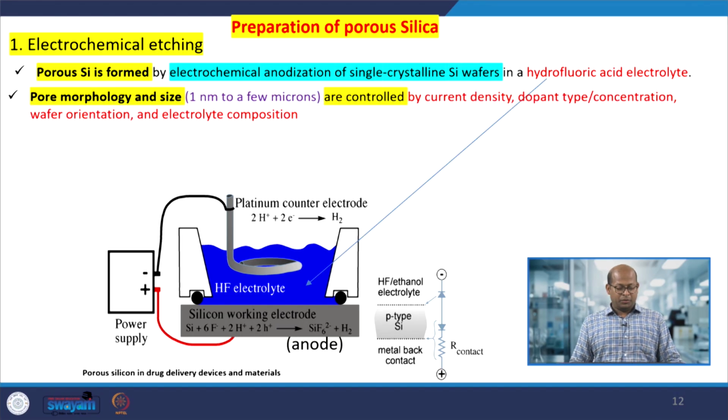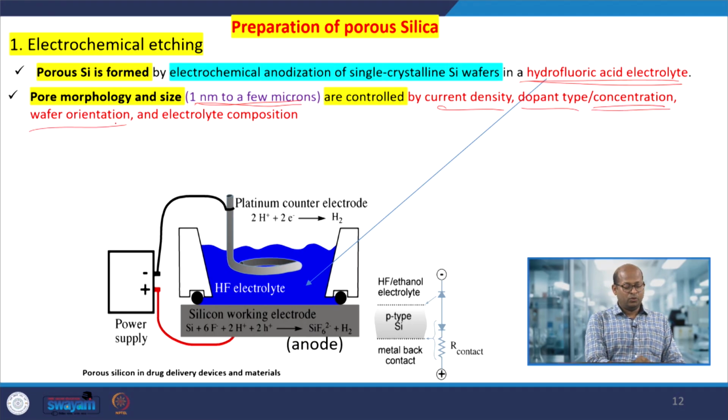Okay, so hydrofluoric acid acts as the electrolyte, or etching material. The pore size can be controlled from 1 nanometer to a few micrometers, depending upon the current density, dopant types and concentrations, wafer orientation, and electrolyte composition.